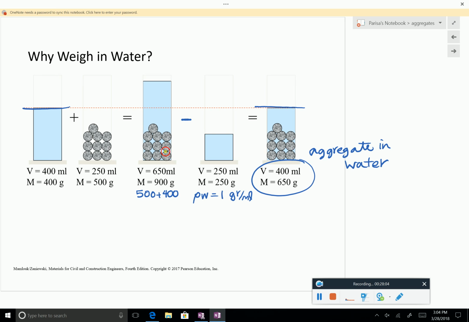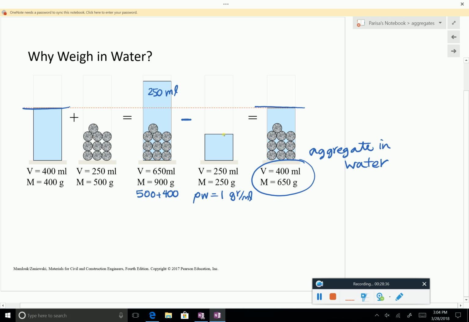You put the aggregates inside the water, and of course the aggregates would displace a volume of water equal to their volume. This you know from physics, right? So their volume was 250. They are going to displace 250 milliliters of water.